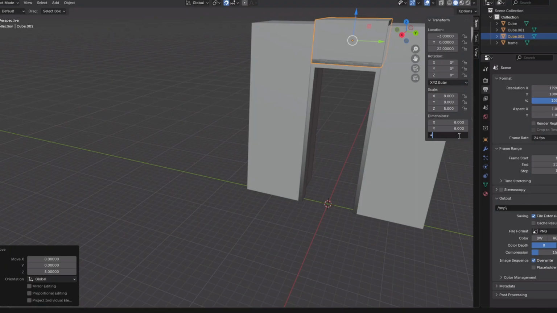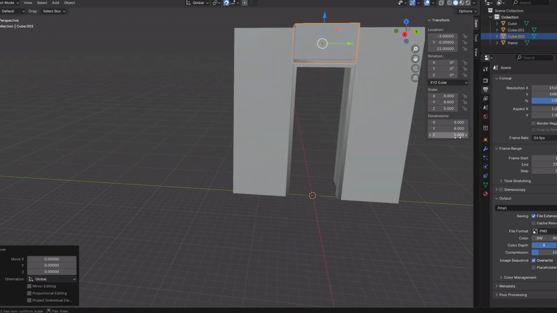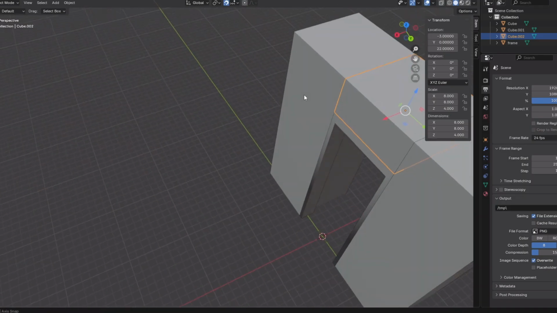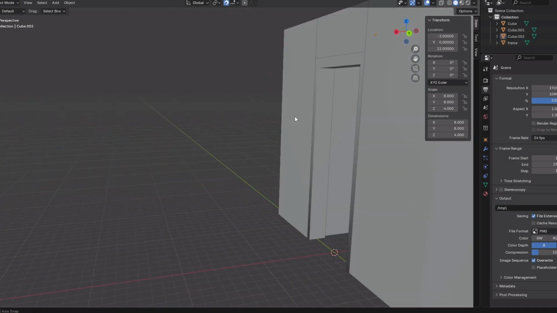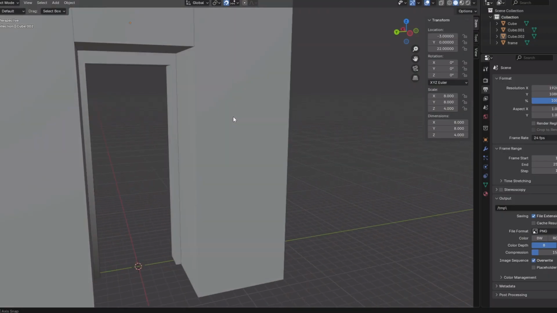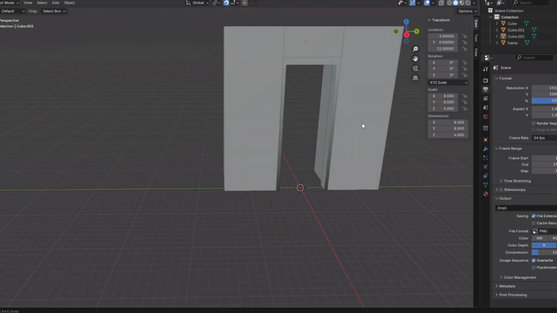What is 24 plus 8? No, it's 5, right? It's 4. Okay, it's 4, right? I don't know what was wrong with me there for a second. 8 by 8 by 4.